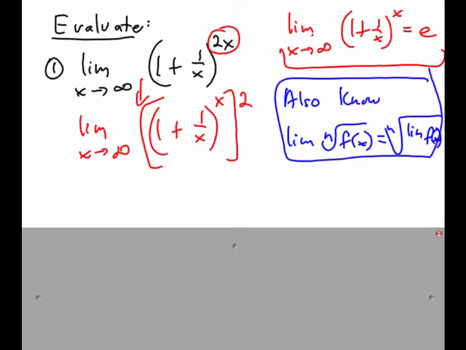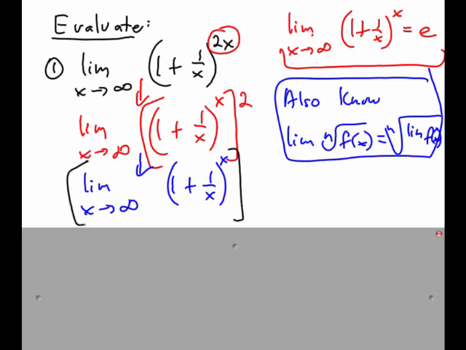And since roots are really exponents, we know therefore that this is equivalent to that entire power of 2 can be applied to the entire limit. And therefore we know that all of this is e, and so the value of the limit is e squared.